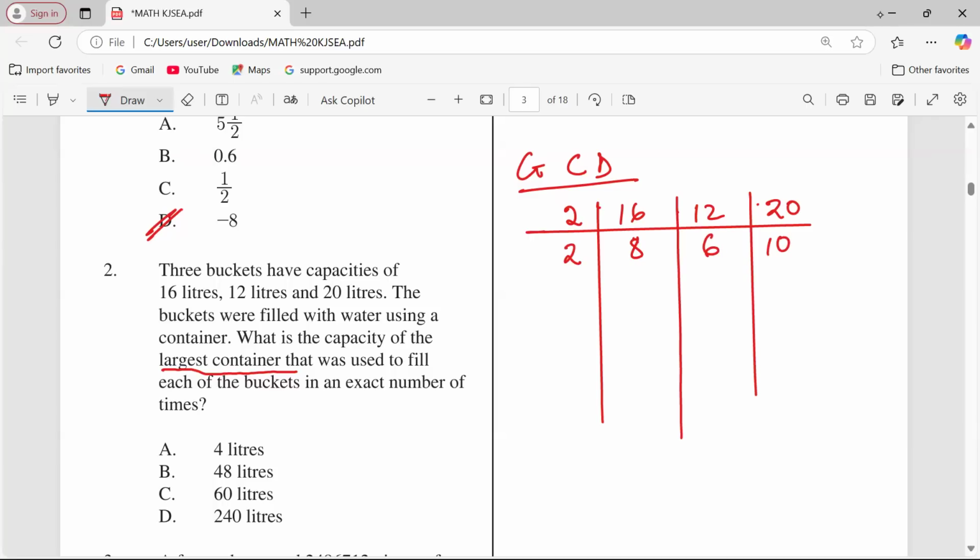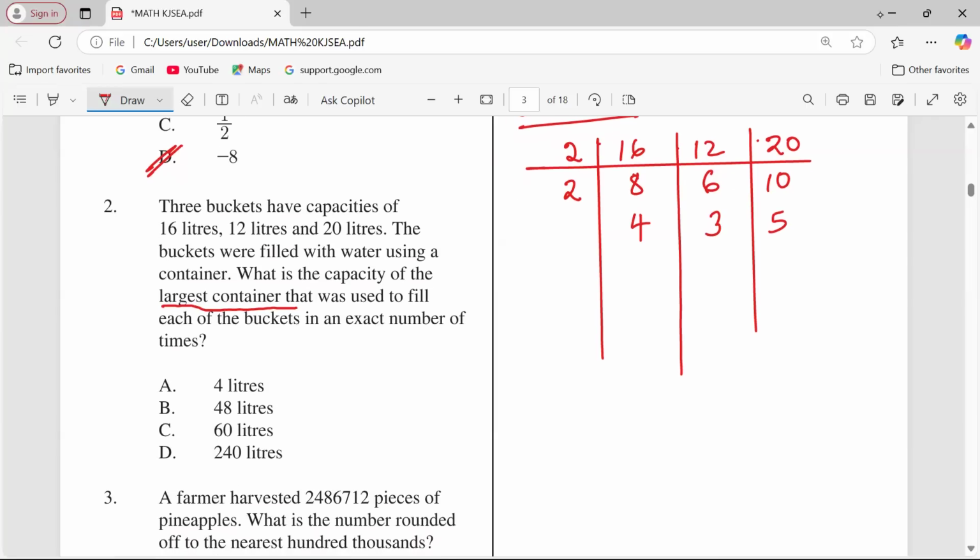By 2 once again, we are getting 4, 3, and 5. We cannot divide by 2 again because 3 and 5 are not even. Those are the only common factors, 2 by 2. So it means this container is a 4-liter container, making option A the right answer.